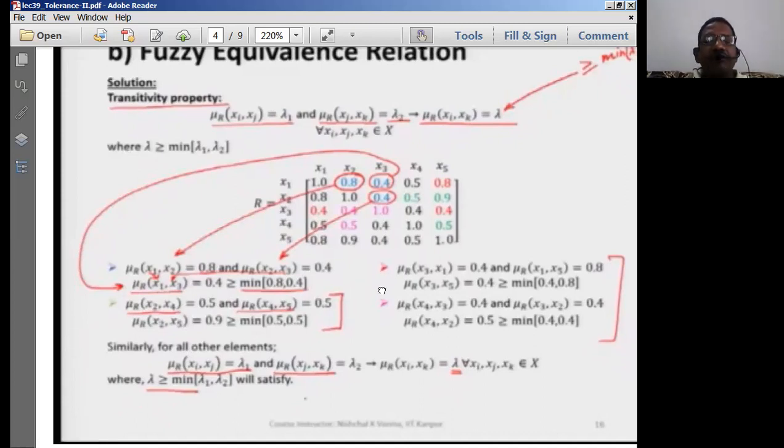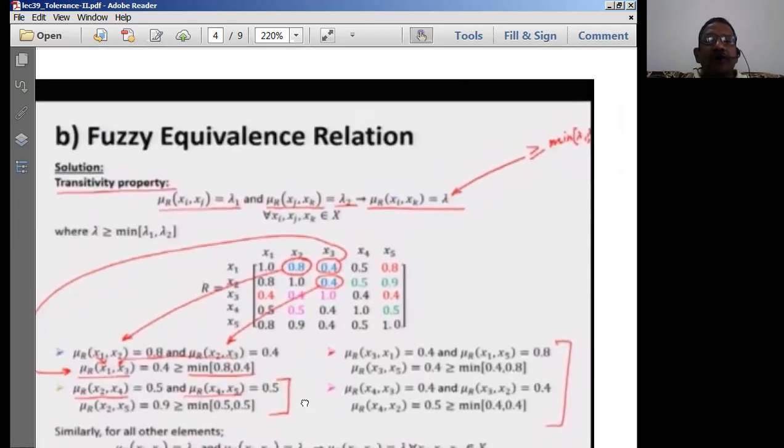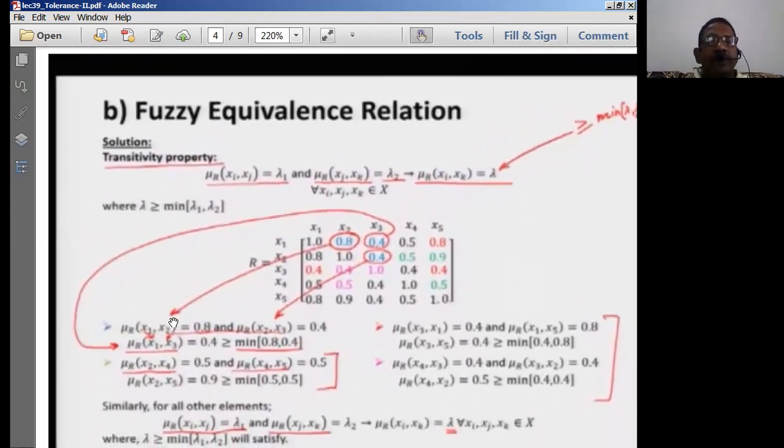Okay, so let us verify that property now. What is mu r of x1 x2? Mu r of x1 x2 is 0.8, and mu r of x2 x3, where whatever j is there has to come over here, so I have taken x2 and k equal to 3, is 0.4.